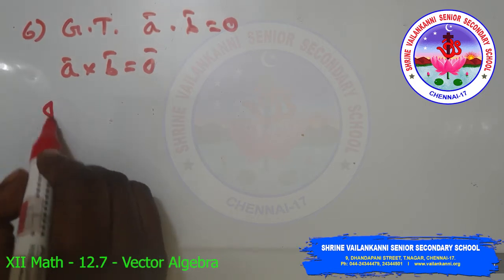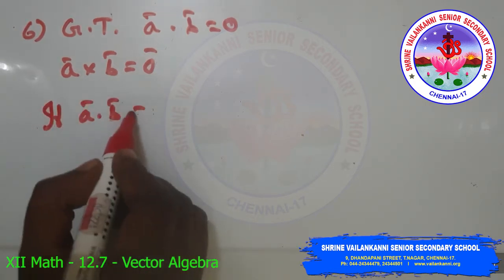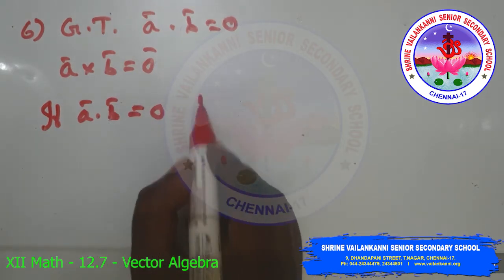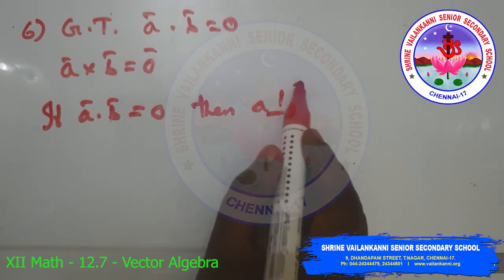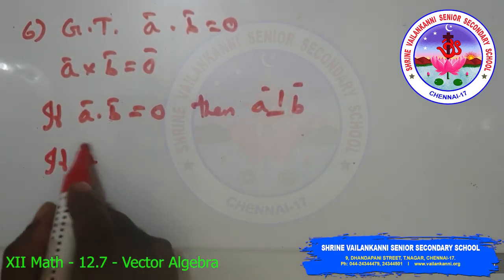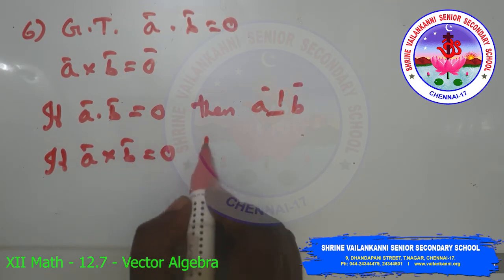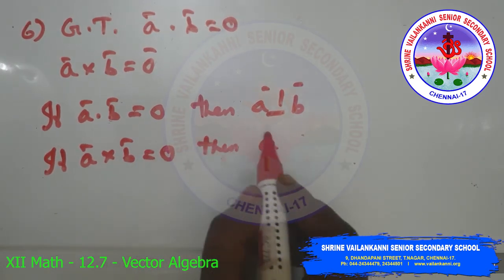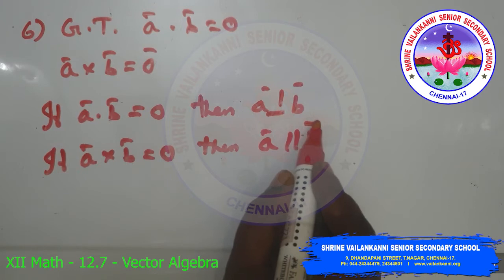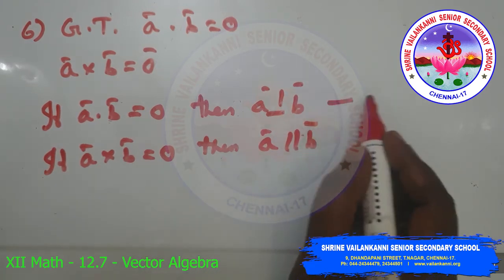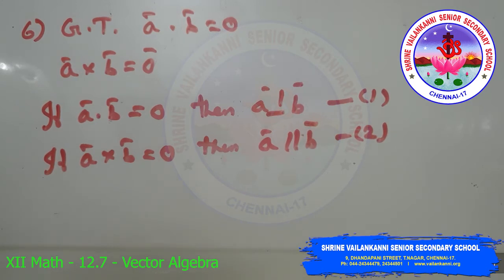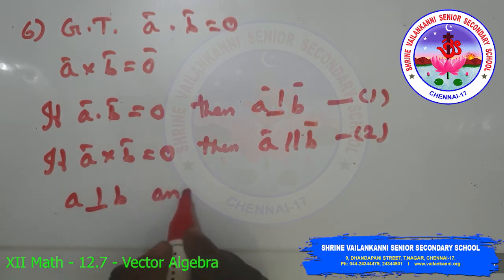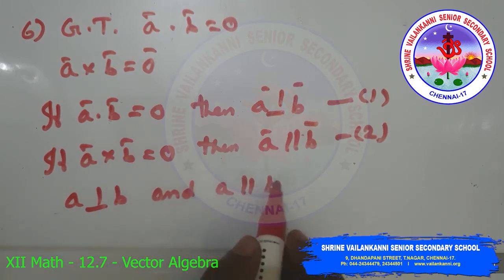If A dot B equals 0, then A is perpendicular to B. If A cross B equals 0, then A is parallel to B. Take this as equation 1 and this one as equation 2.